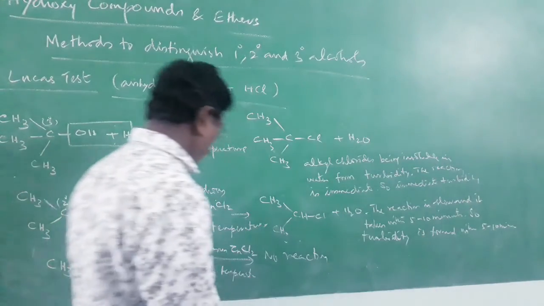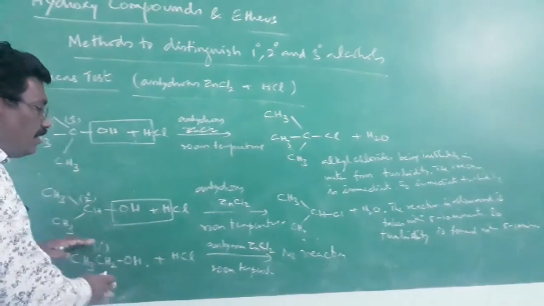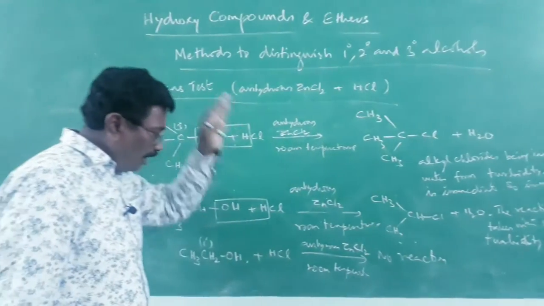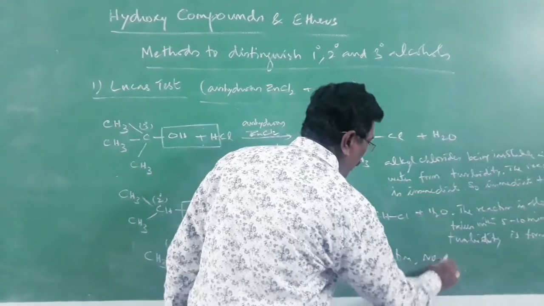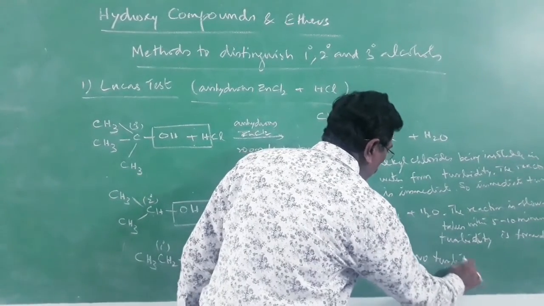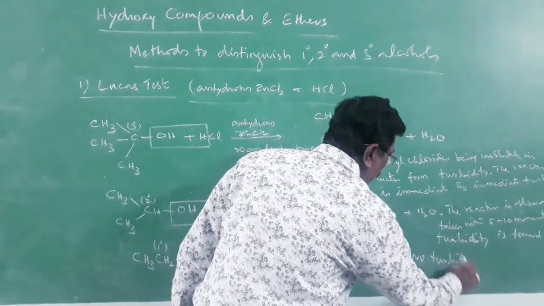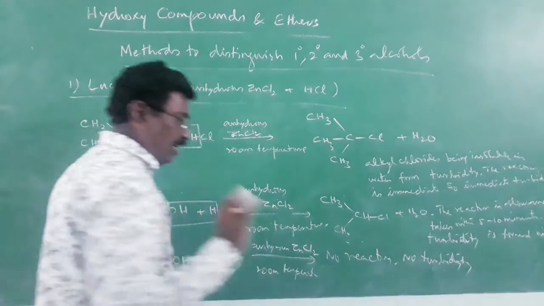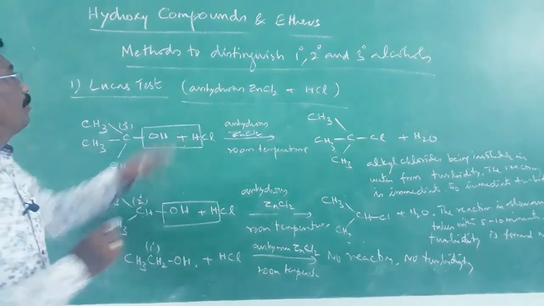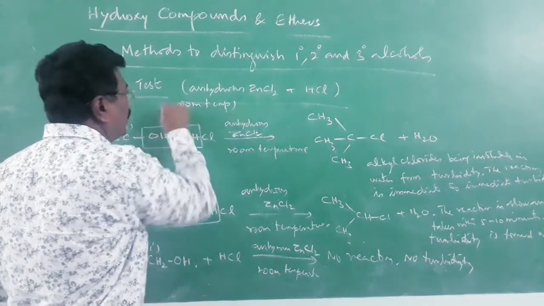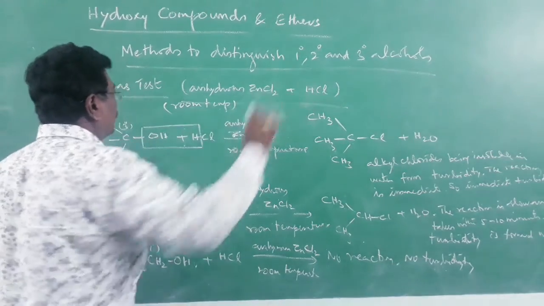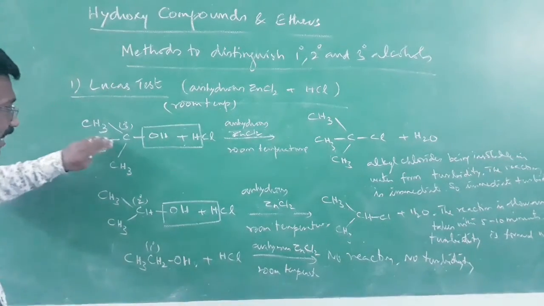Alright? But primary alcohols do not react. And therefore, at room temperature, you won't get turbidity. No reaction, no turbidity. But when heated, you may get turbidity. That is different. We are talking about room temperature. So, point to be remembered: room temperature, anhydrous zinc chloride, Lucas reagent.